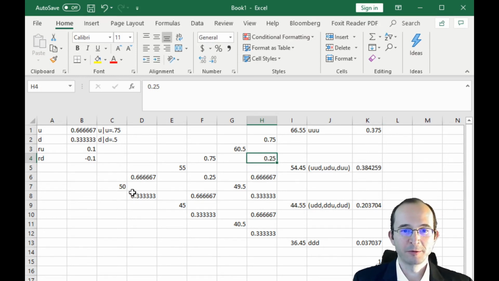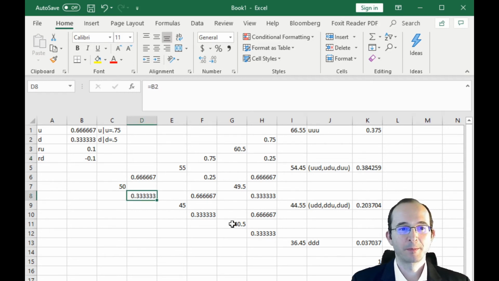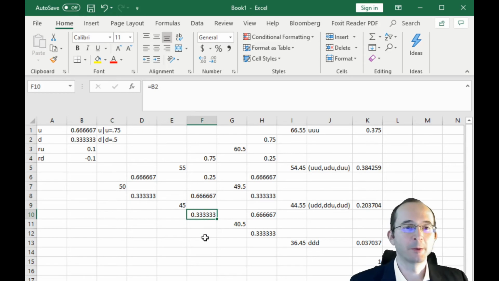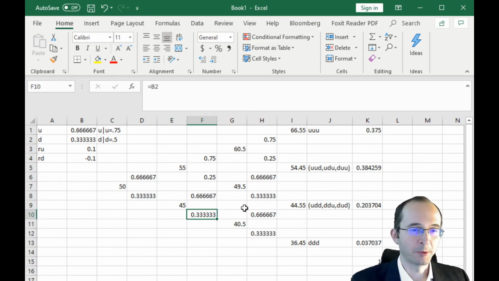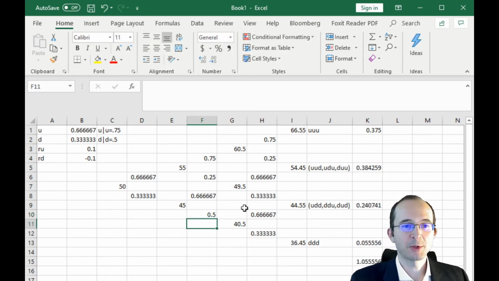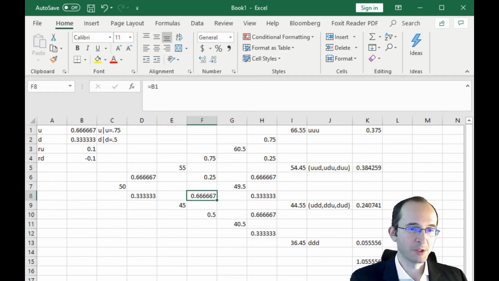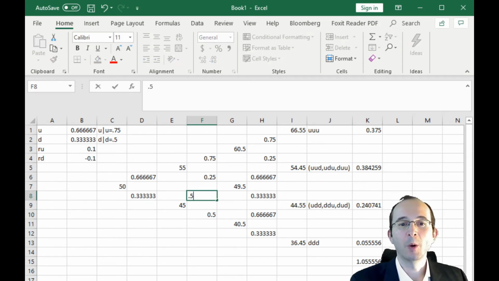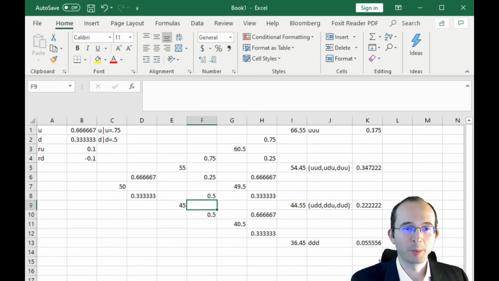Now, analogously, if we go down the first time from 50 to 45, our probability to go down next time actually rises. Remember, it's now 50%, but of course what that means is that our probability to go up has fallen, because these two must sum to 1 as well.